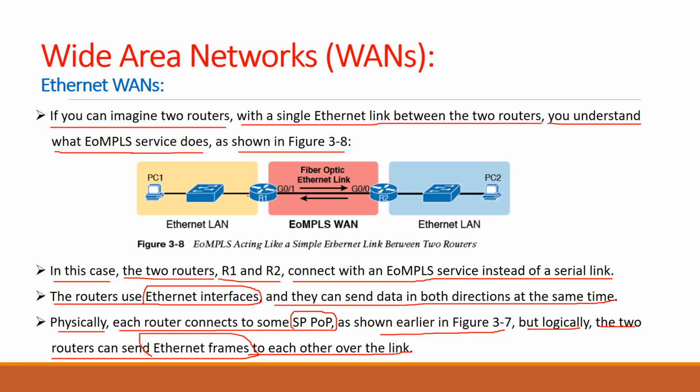So when router 1 receives an Ethernet frame, it will de-encapsulate the Ethernet frame and re-encapsulate a new Ethernet frame before sending to R2. And similarly, R2 will de-encapsulate the WAN Ethernet frame and re-encapsulate another Ethernet frame to send to PC2.